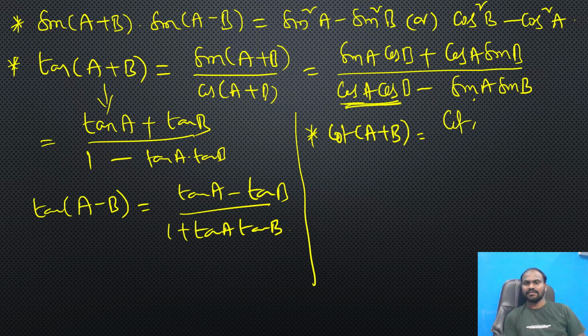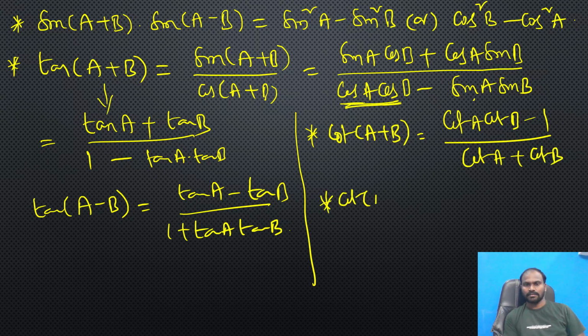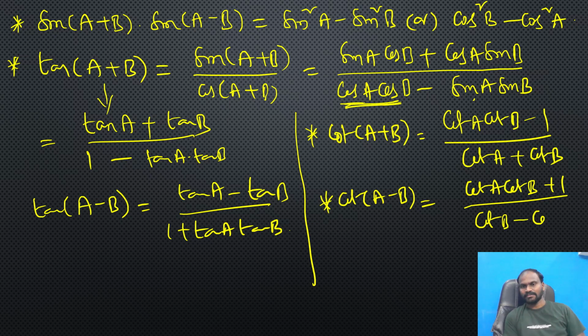So you will get cot a cot b minus 1 by cot a plus cot b. Next, cot of a minus b, you will get cot a cot b plus 1 by cot b minus cot a.